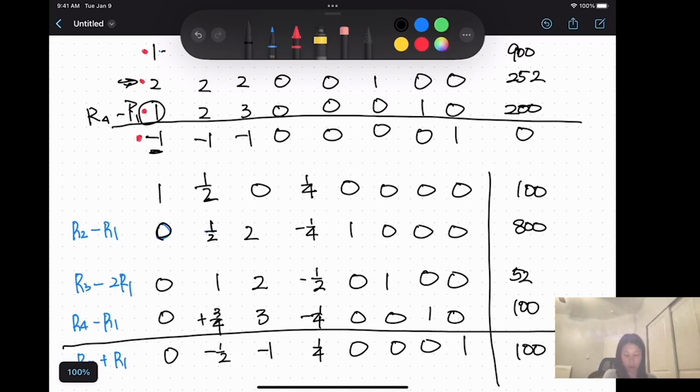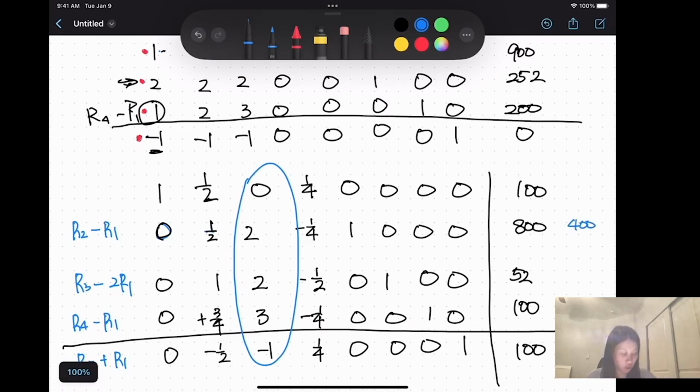Alright, so the next part is we repeat what we did in here and find our pivot column. Again, you find the smallest negative number, so it should be here. And use the ratio to find which one gives you the smallest. 100 divided by 0 doesn't work because it's undefined.